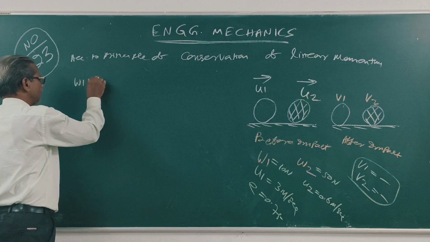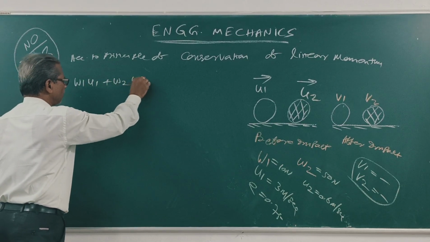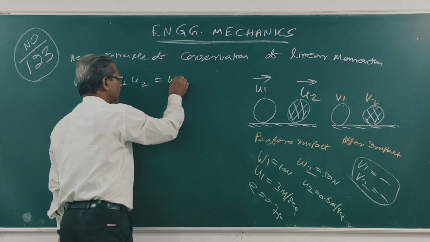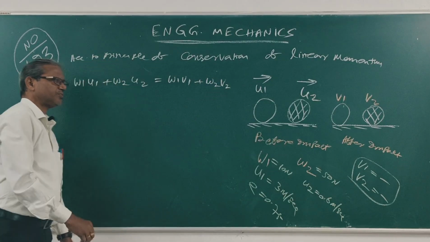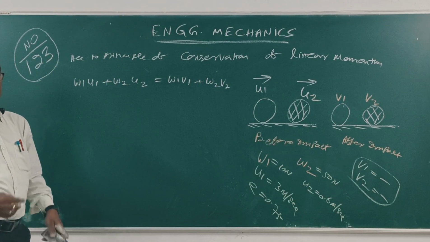Double 1 U1 plus double 2 U2 is equal to double 1 V1 plus double 2 V2. Right?